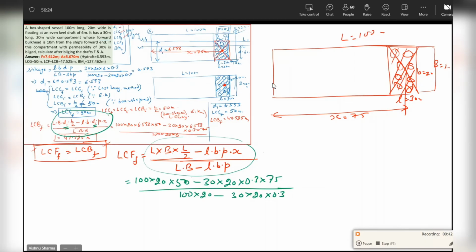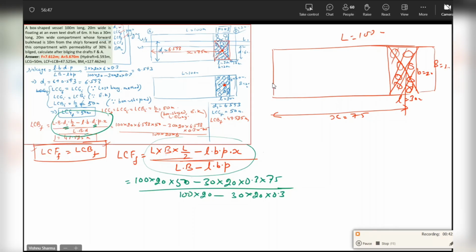Satisfy yourself. Many a time we will not calculate, but if need be, this is how we'll calculate. 47.527, 5 to 6, 5 to 7.